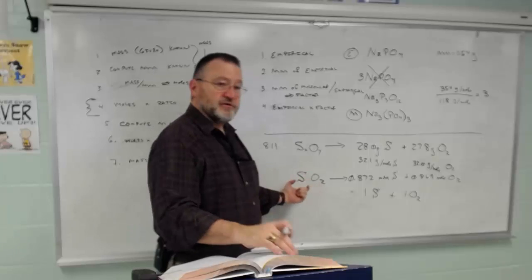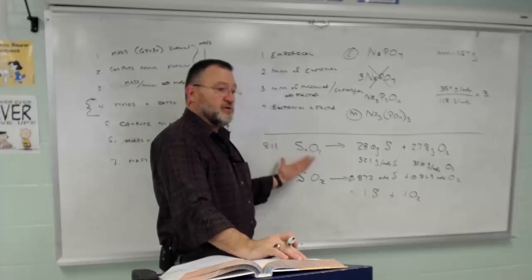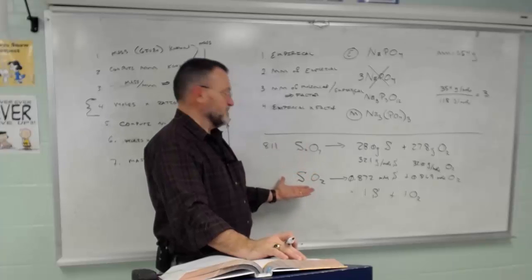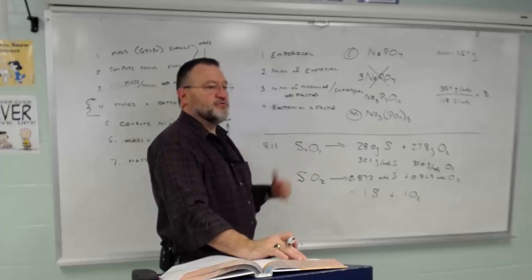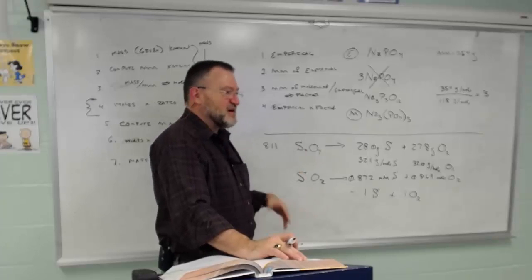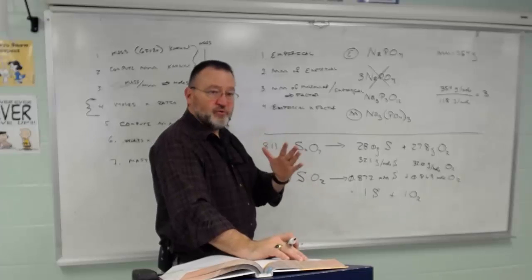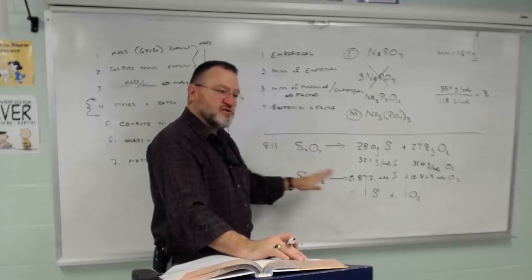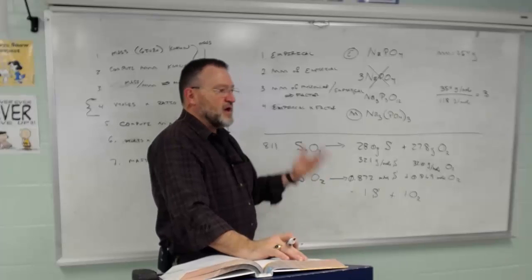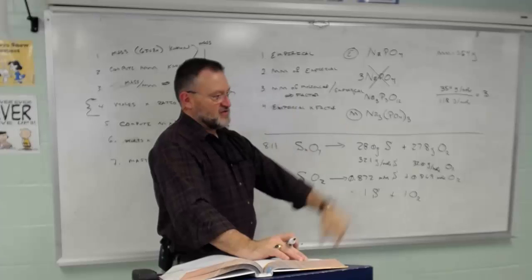Because it's empirical, does that mean it could be simply SO2? Yes, it could. But what could it also be? S2O4, S3O6, S4O8, S5O10, S6O12, and on up, multiples of those proportions of 1 to 2, all the way up. What would I need to know in order to find out what it actually is?